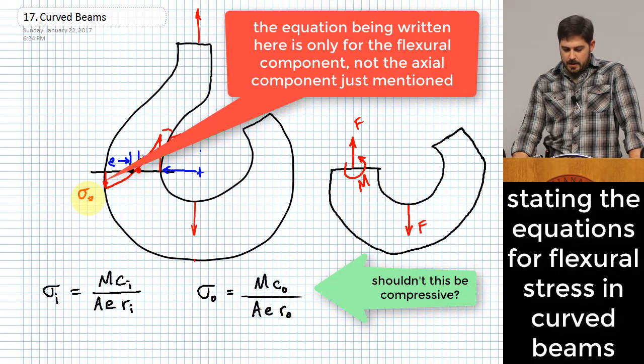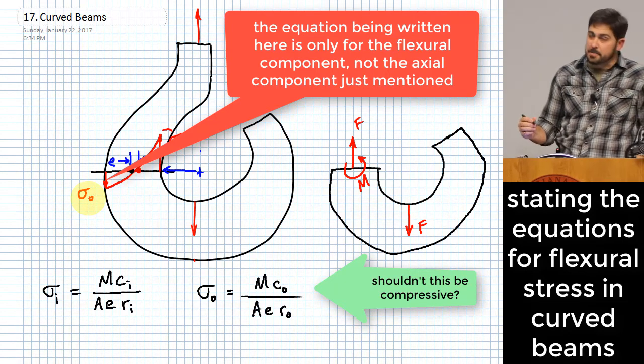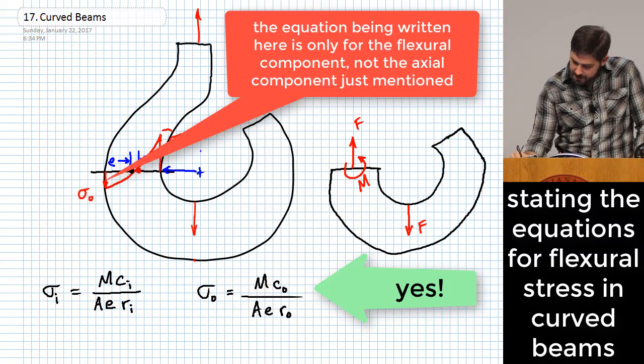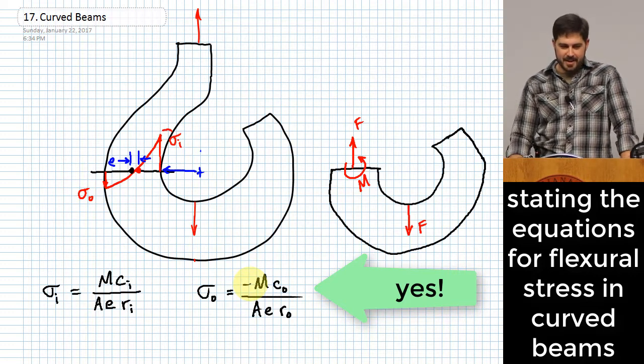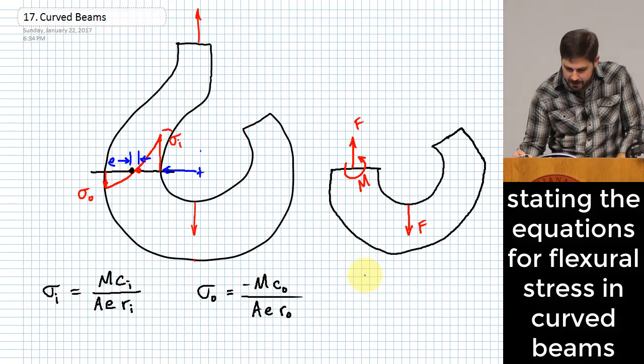Shouldn't one of them be compressive, one of them tensile, so it should be like a sign change? Yeah, so actually that is something that I missed, so I'm glad that you brought that up. This one should have a minus on it, and I just left it off. Very astute. All right, and the other equation that I want to point out here is the one right above that. By the way, these are both listed here as equation 365.